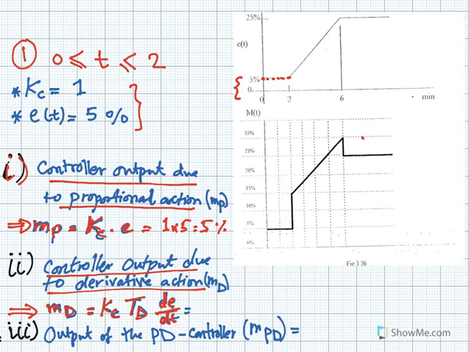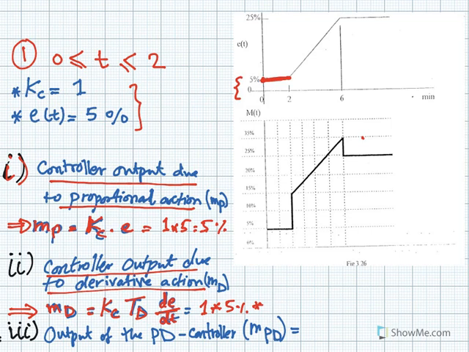So KC, which is the gain, is 1, multiplied by TD, which is 2 minutes, multiplied by dE over dt. Here, as you see, there is no change in the error with respect to the time. It's constant.